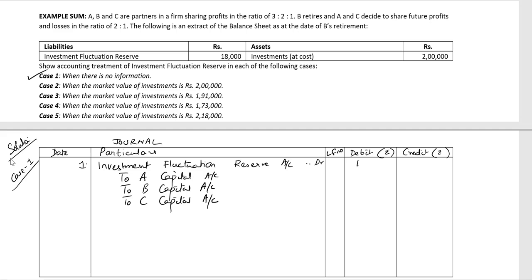The amount of the reserve is 18,000 rupees and 18,000 rupees is to be distributed in OPSR 3:2:1. Against partner A, we have 9,000 rupees. Against partner B, 6,000 rupees. And against partner C, we have 3,000 rupees. Narration being investment fluctuation reserve distributed.